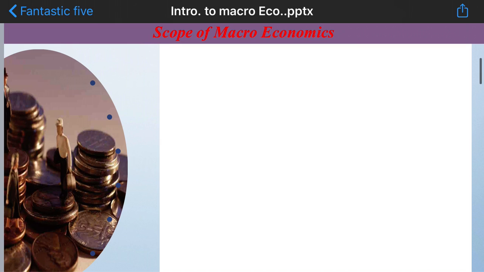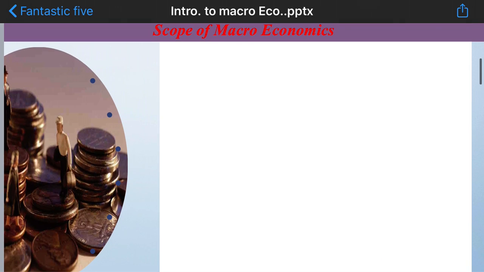But in spite of that, there is poverty and unemployment in our country. This is a paradox. So macroeconomics helps us to study about poverty and unemployment in a country.